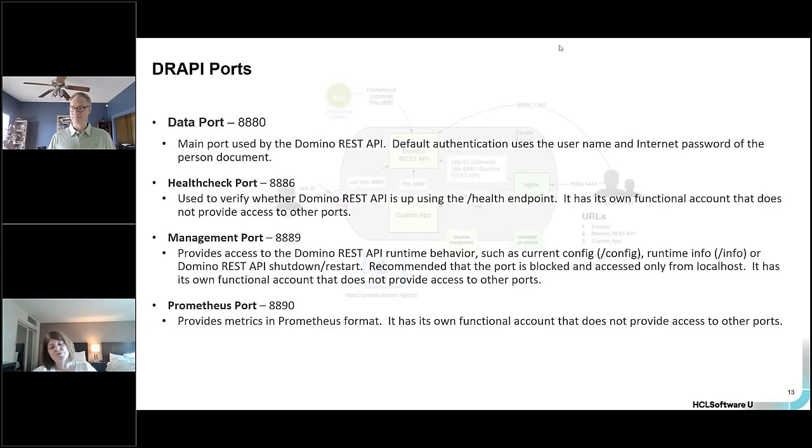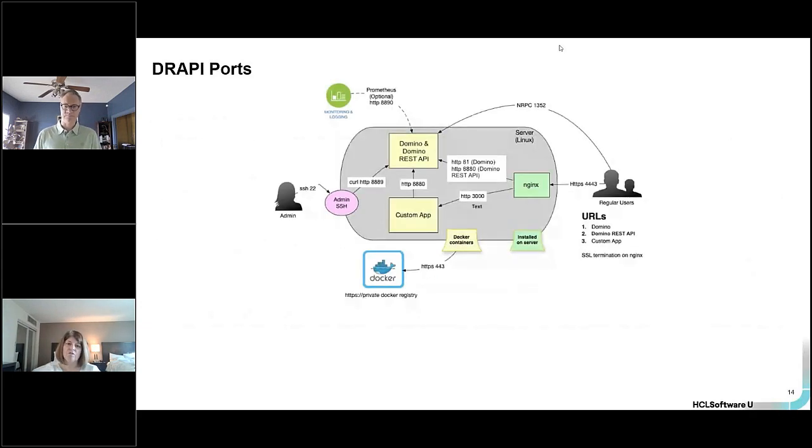Here is a graphical representation of the ports that I've just discussed. You can see how a user comes in on the right-hand side over secure port 443 on HTTPS. And sitting in front of the Domino server and the Domino REST API is an Nginx proxy server. So Nginx is taking this request and saying, okay, what do I need to do with it?